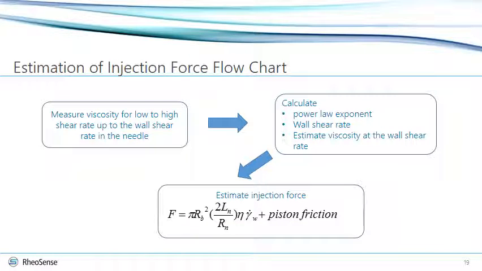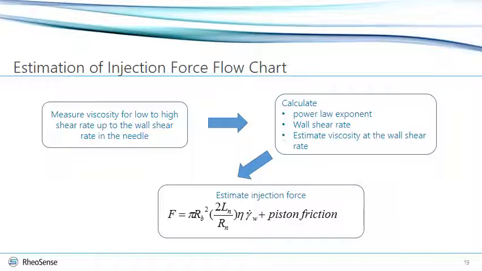This is a flow chart presenting the very simple steps you will need to follow to establish injectability. First, you need to measure viscosity from low to high shear rates, ideally covering the shear rate up to the needle injection rate. Then, if your fluid is shear thinning, you can fit a power law to obtain the exponent.